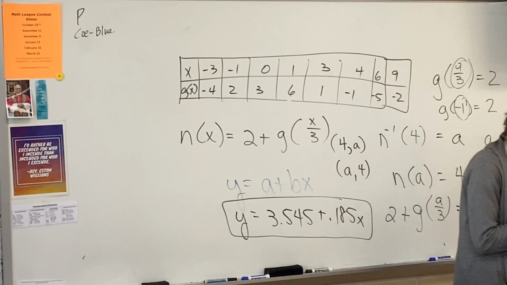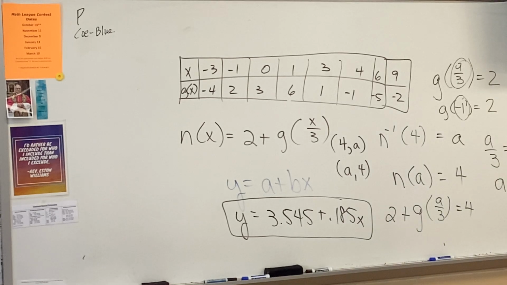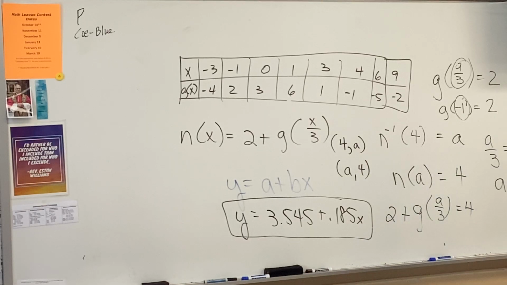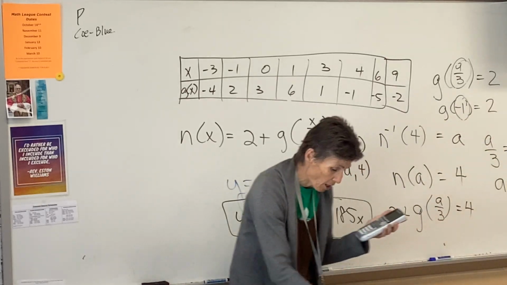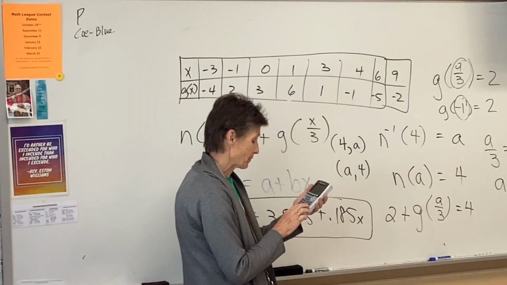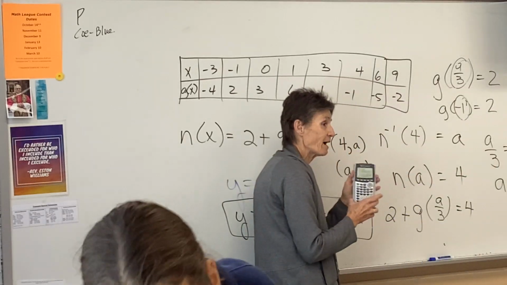The preferred way of plugging in a number, whatever it is, is to go back to your vars, the variable button, go over to Y vars, function, Y1, and then in parentheses, put the number that you would have plugged in. So 10, and then it says 5.395.